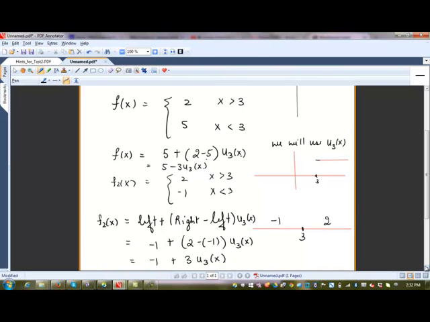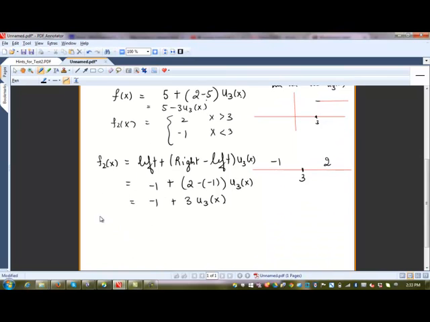Okay, so now you try one example by yourself, because if I am saying it, you might not be able to think that way, so just think by yourself and do this one. You want to write this in terms of step functions.